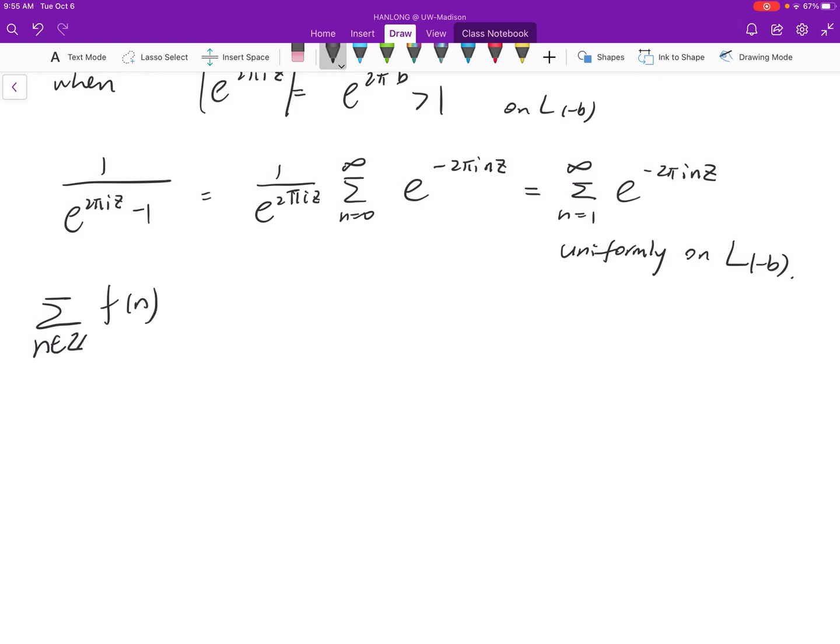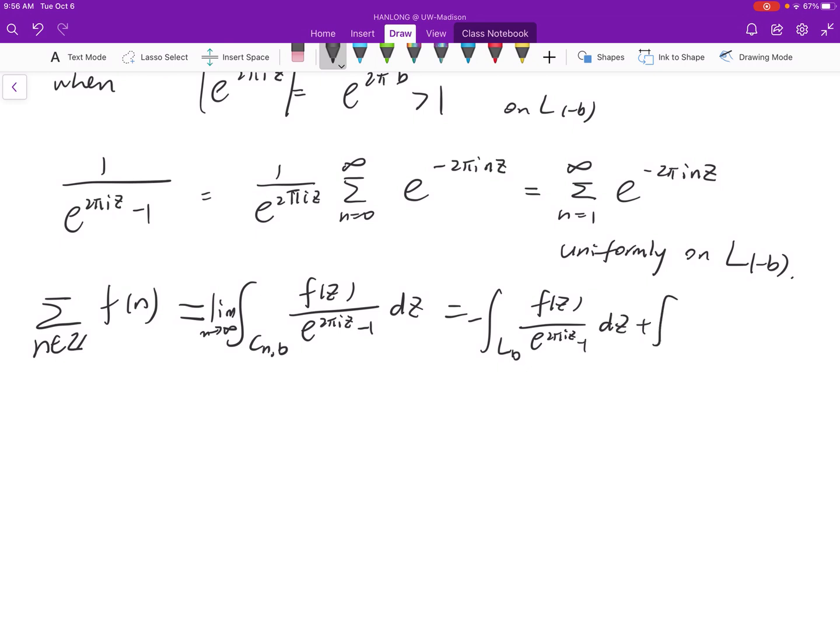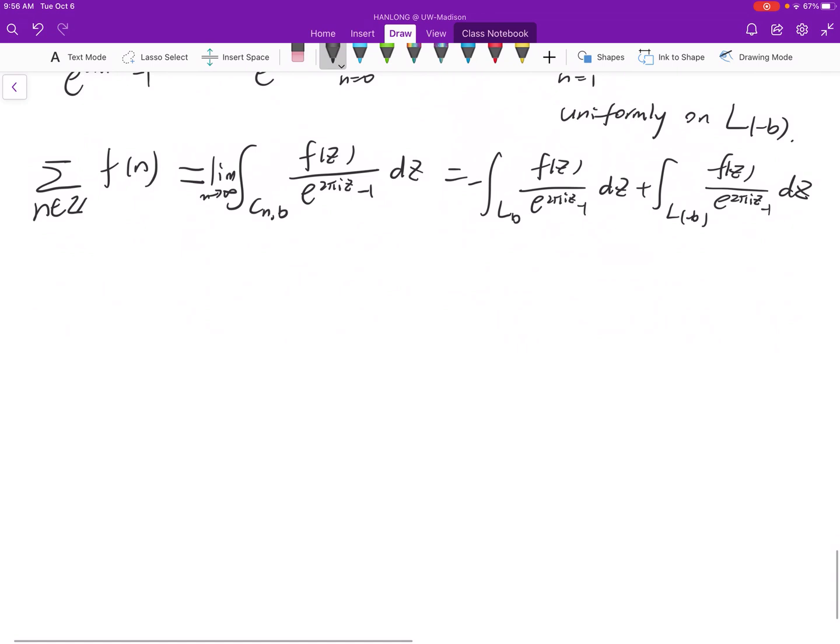Then, first, by the residue theorem, this equals the limit as n goes to infinity of the contour integral of f(z) divided by e^{2πiz} minus 1 dz, and this equals the integral on L_{-B} minus the integral on L_B, because of the orientation, of f(z) over e^{2πiz} minus 1 dz. Then you use the expansion above.